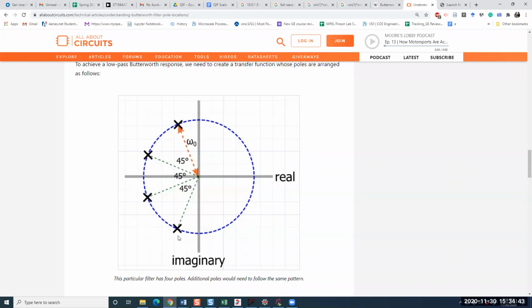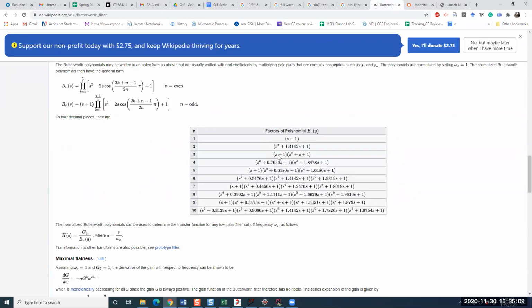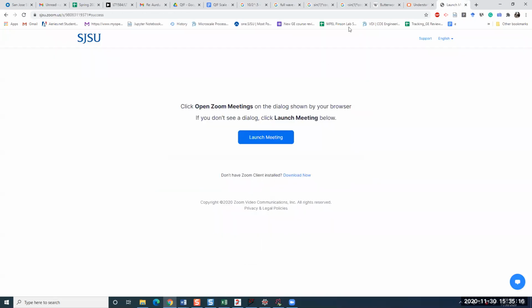Remember, these poles are making the denominator, but it's the numerator that tells you what that filter is going to do. So these numbers here: that's one pole, so you'd have one here.